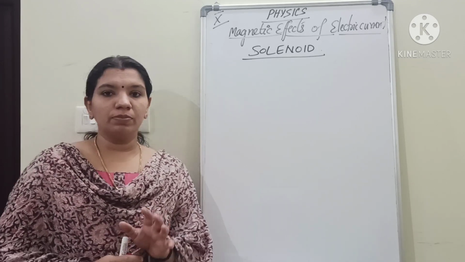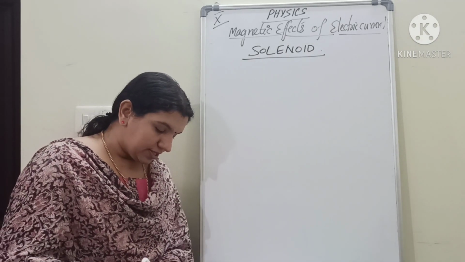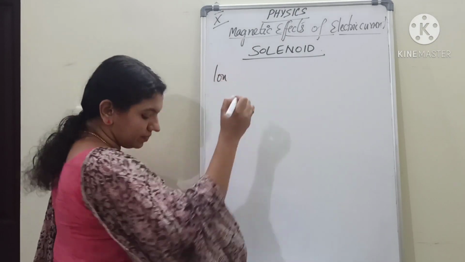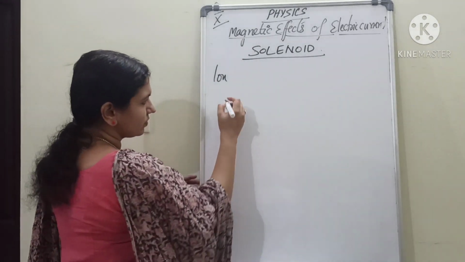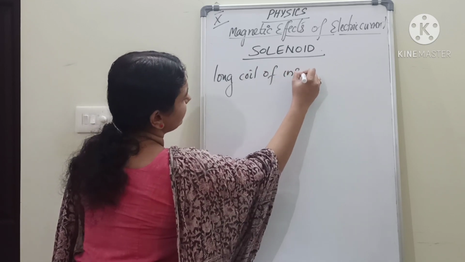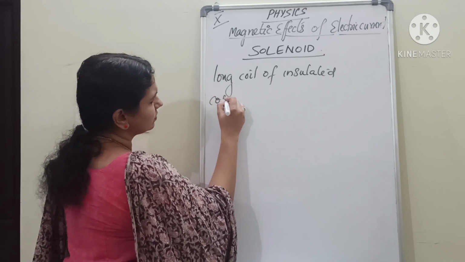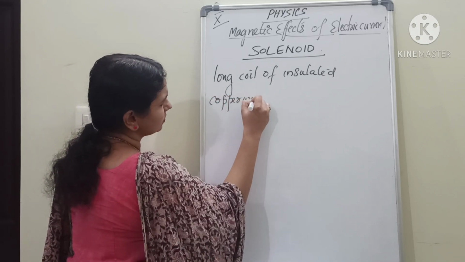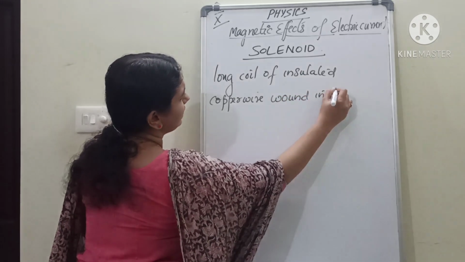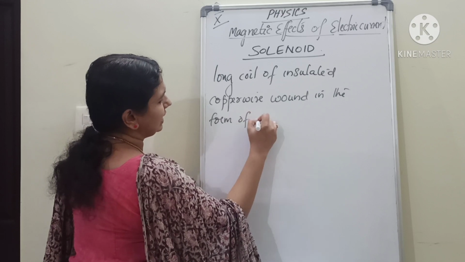So first of all, we will move to the definition of a solenoid. Okay, so a solenoid can be defined as a long coil of insulated copper wire wound in the form of a helix.